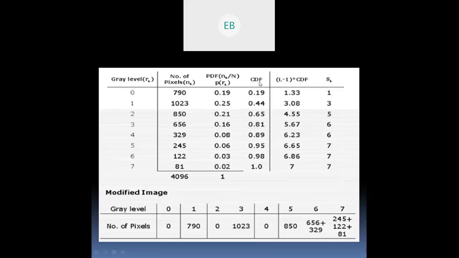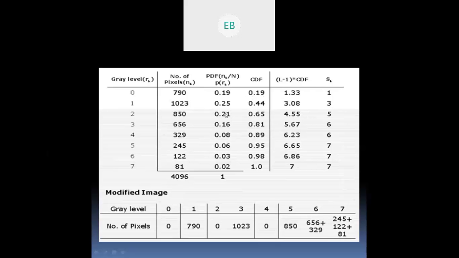Then this is the cumulative distribution function. For gray level 0, the cumulative value is 0.19. For gray level 1, you simply add the probability of gray level 1 to the previous cumulative value, that is PDF of gray level 1 plus CDF of gray level 0, so you get 0.44.